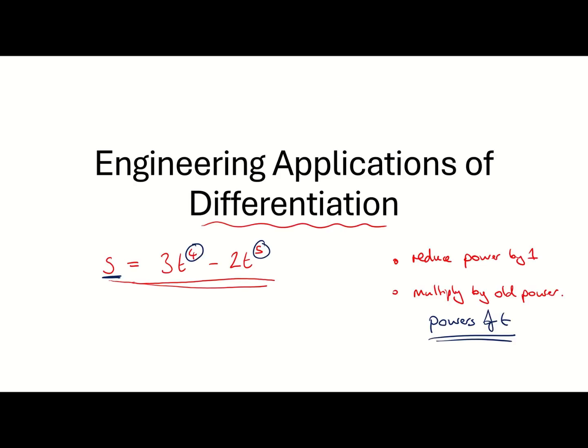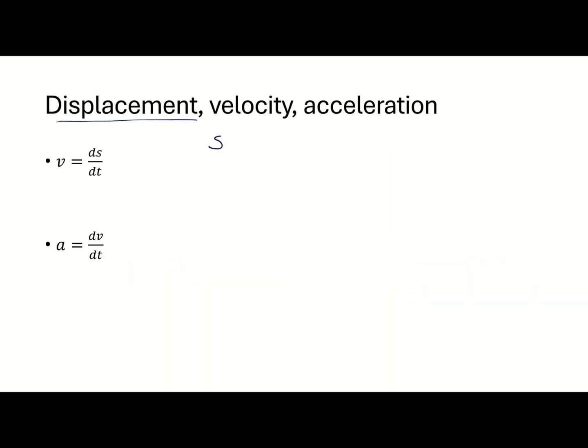So what did I have over here? Let's say s is equal to 3t to the 4 minus 2 times t to the 5. Let's say I wanted to find out what the equation of the velocity would look like. Well, to get v, I would need to differentiate s with respect to t. So remember those two rules: reduce the power by 1, multiply by old power. Let's do this term by term.